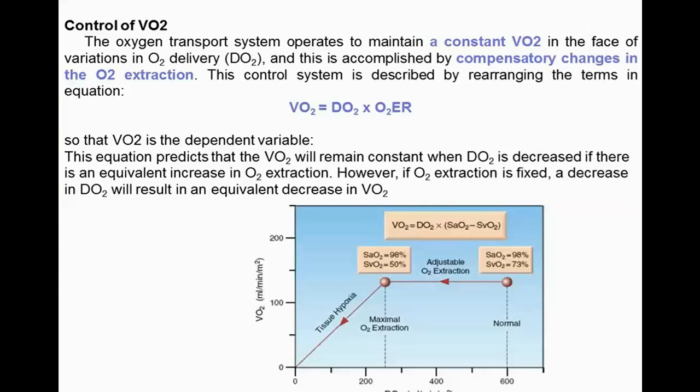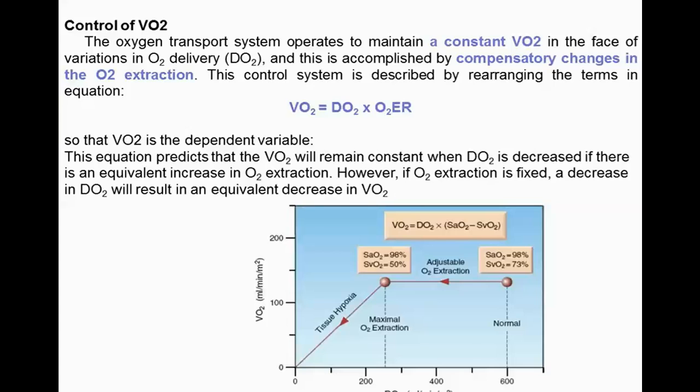This will occur to the tissue. This is oxygen delivery, as we said, and this is the oxygen uptake. VO2 is oxygen uptake. Here it's 600, not 1,000, because it is not milliliter per minute but per square meter of body surface area.